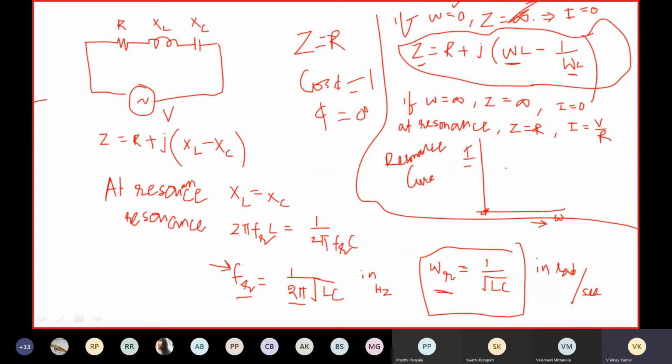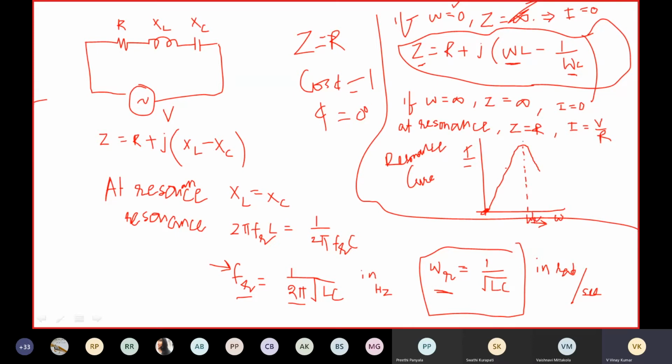If you increase the frequency, you get a graph of current like this. The current increases and reaches its maximum value at resonance, at omega r.